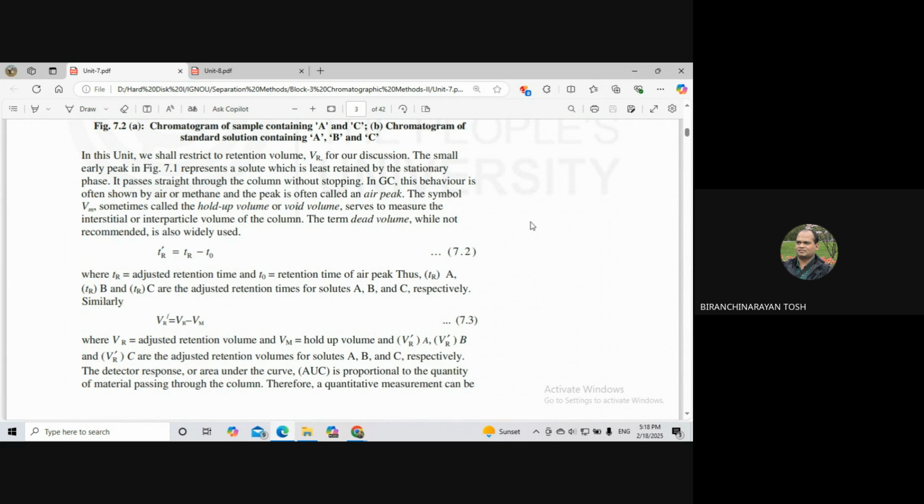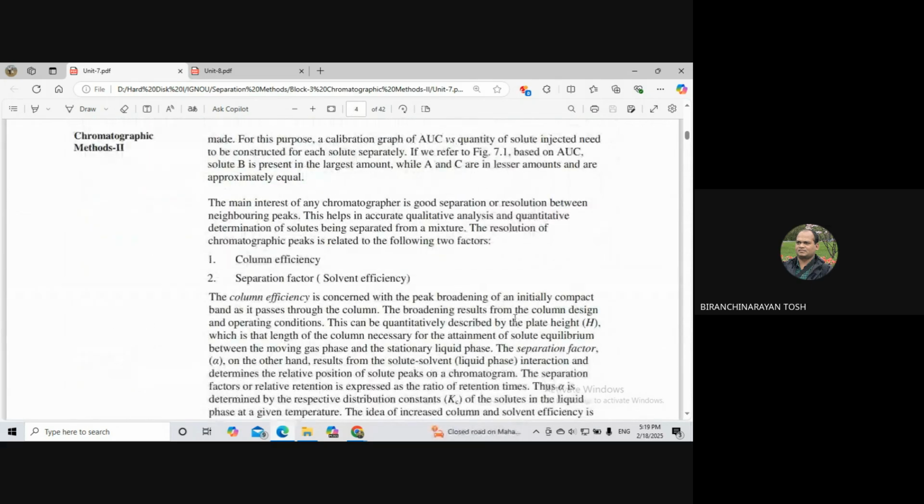Then the area under the curve. The detector response or area under the curve is proportional to the quantity of material passing through the column. So therefore, a quantitative measurement can be made, and for this purpose, a calibration graph of area under the curve versus quantity of solute injected needs to be constructed, and for each solute separately.